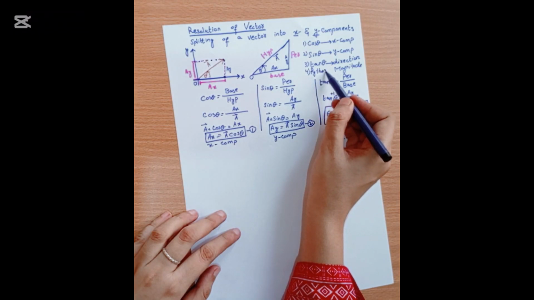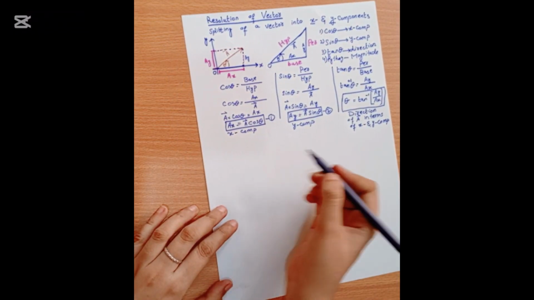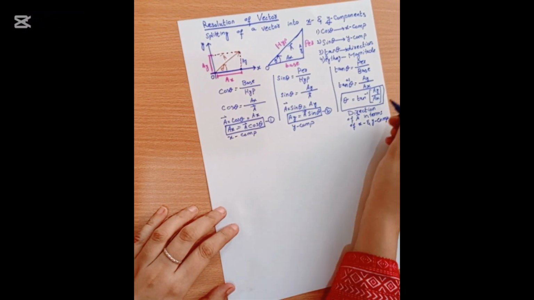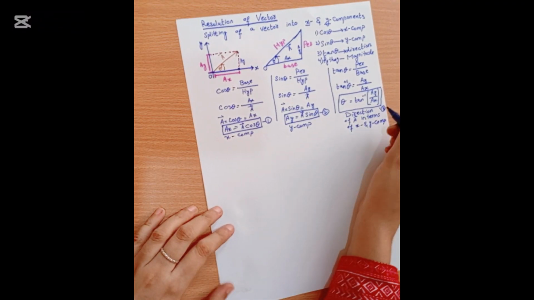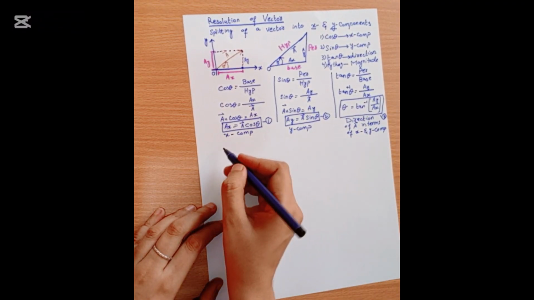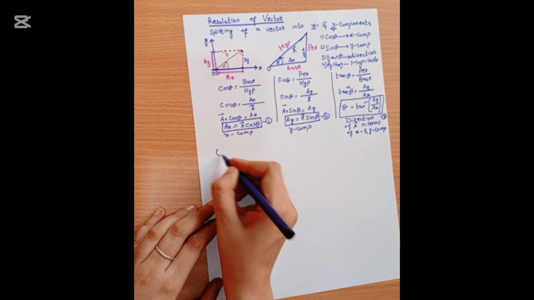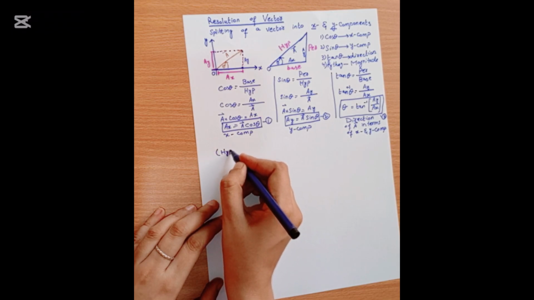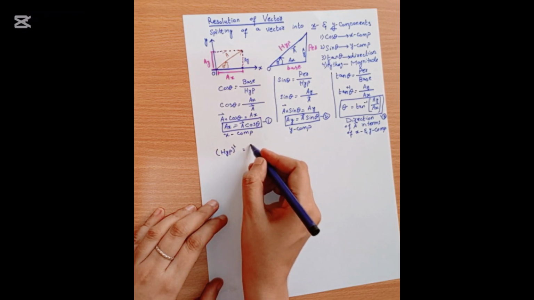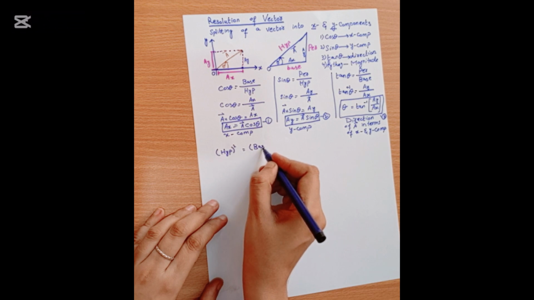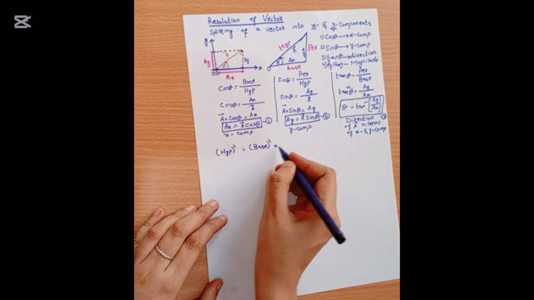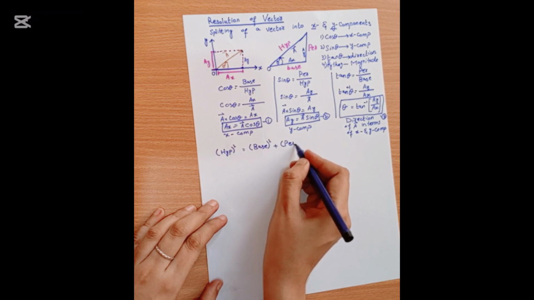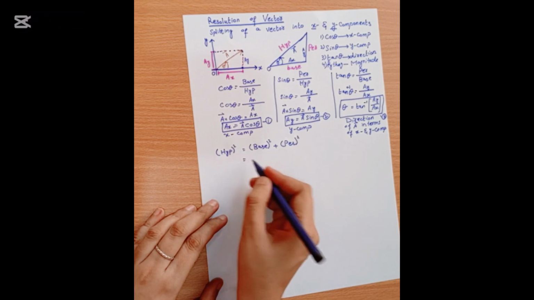Okay, let's apply the Pythagorean theorem. Say this is your equation number 3. The Pythagorean theorem says that hypotenuse square is equal to base square plus perpendicular square.